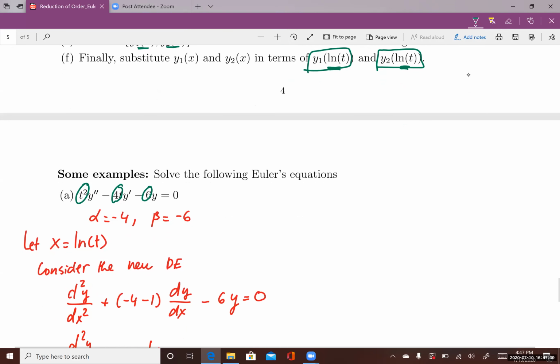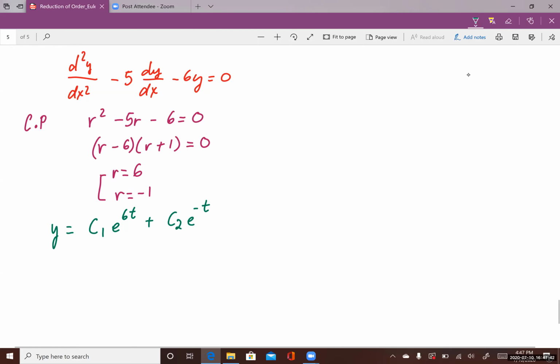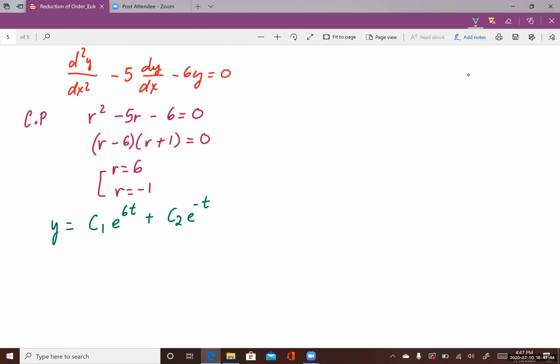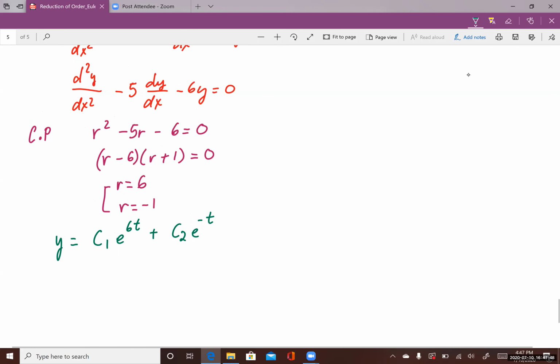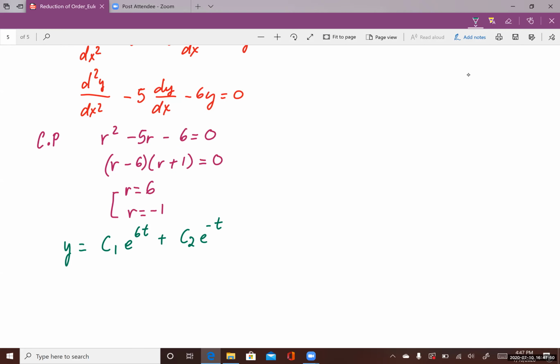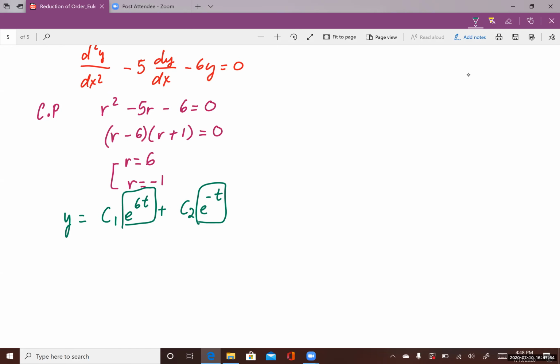All right, this is my equation here, and this is my solution here. If you separate it out, you know that this is y1 and this is y2, and the solution is a linear combination of y1 and y2.